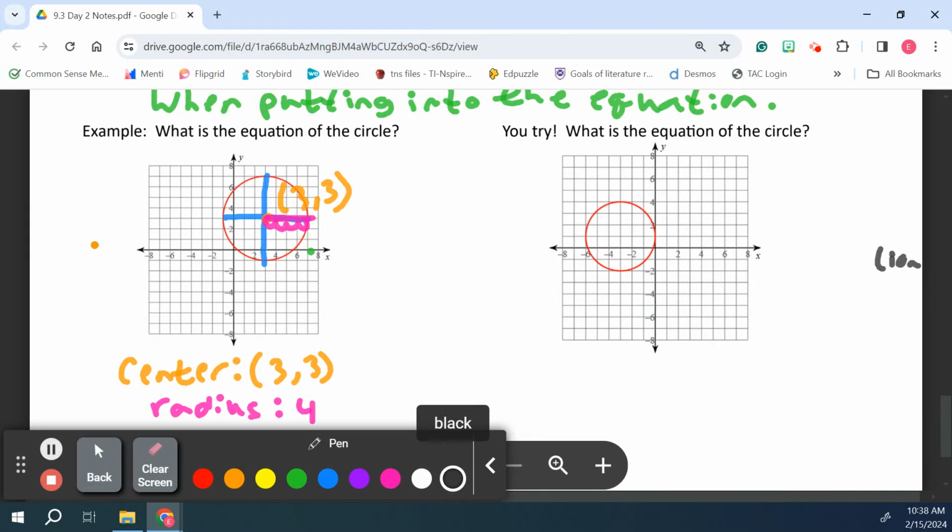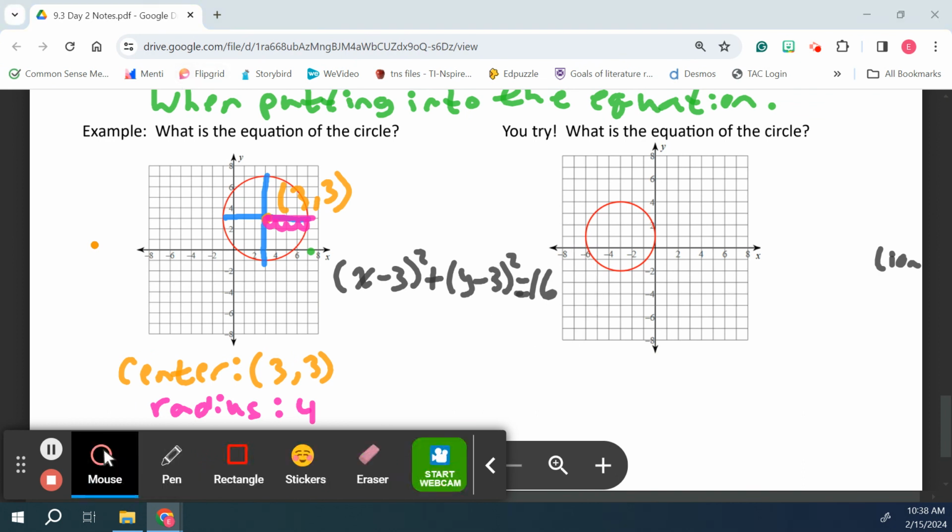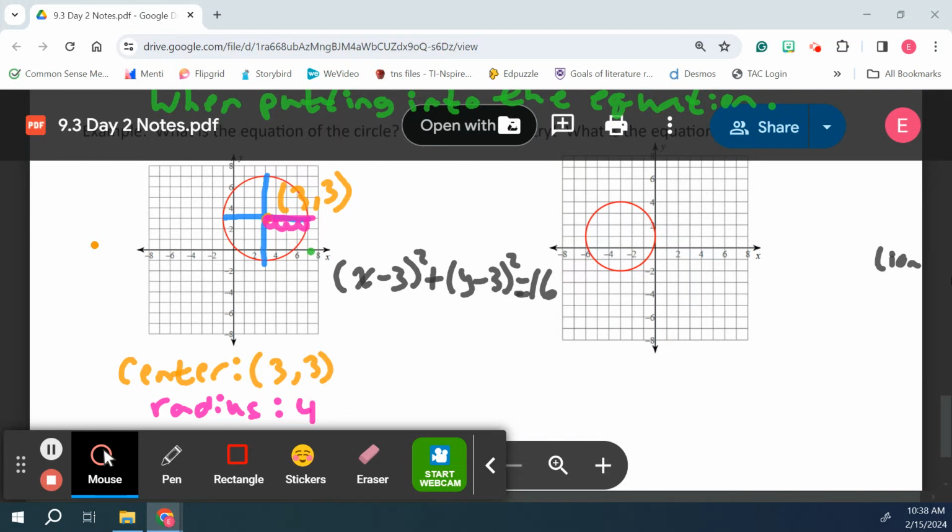Now the equation is going to be x minus 3 squared plus y minus 3 squared equals, this is going to be 4, but we're going to have to square it on the end, right? Because it's always r squared. So that'll be 16. So that's kind of what the directions were saying up there, but the visual helps, right? Why don't you guys try the second one on your own real quick?